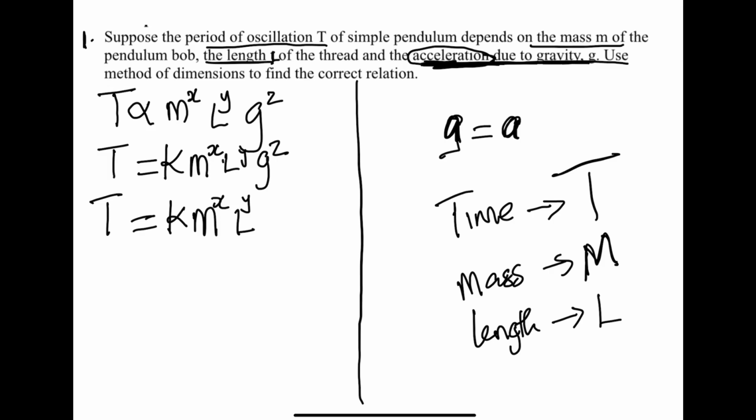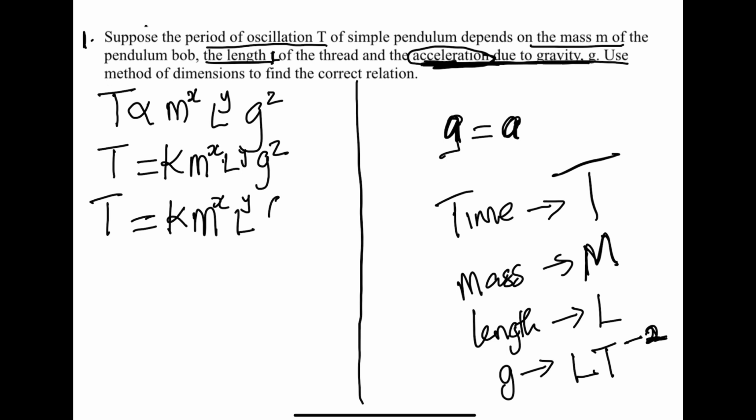That is to say, our G would have a dimension of LT raised to power minus 2, guys. So we have the dimension for G.